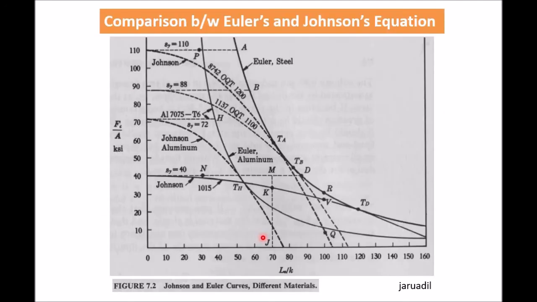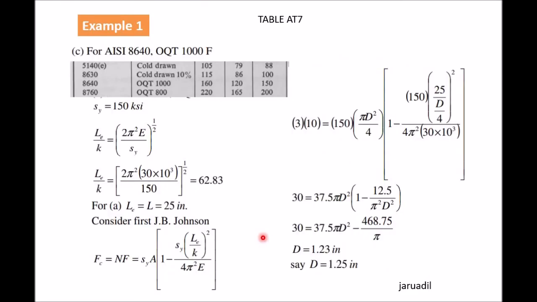So, ito ang ginamit dyan. So, we have here, by substitution of E and SY to this equation, it is computed that LE over K, the slenderness ratio, is equal to 62.83.